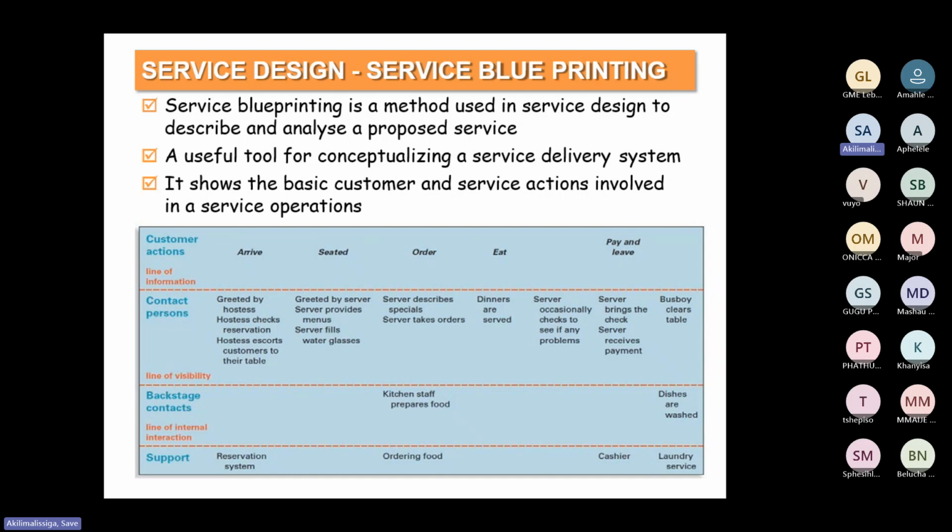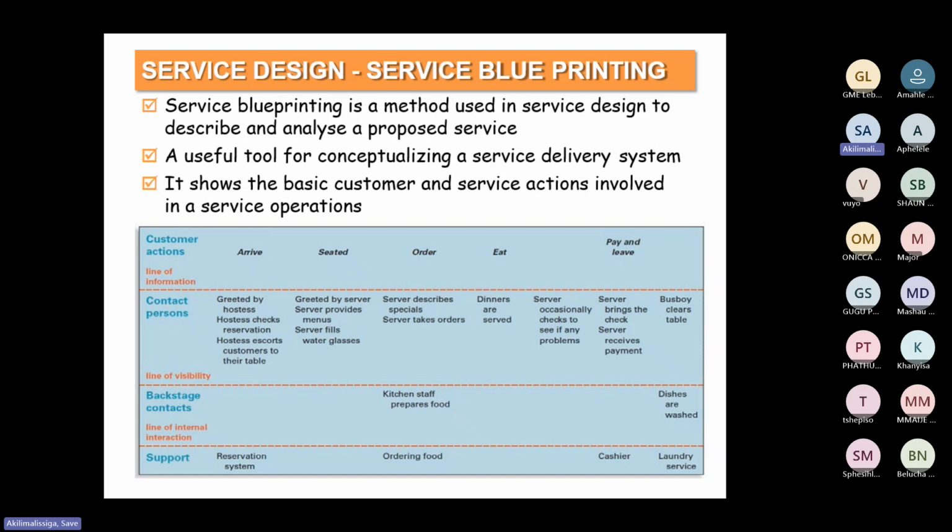So you should be able to differentiate the 3 levels when you are talking about service blueprinting, right? This is going to help in analyzing a process if there are certain tasks that are not adequate in terms of their performance.